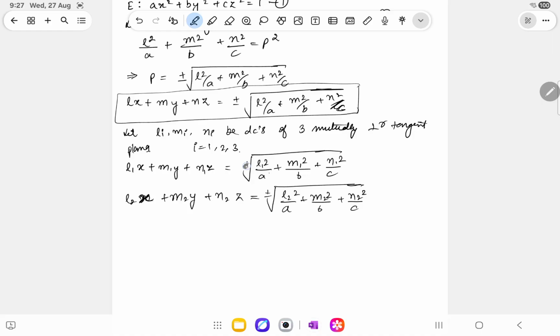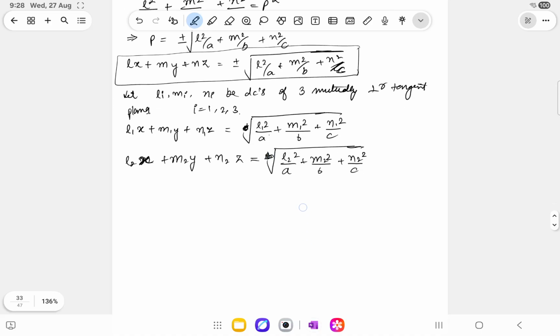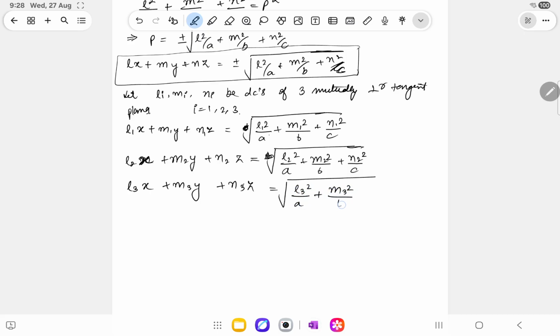We can eliminate negative because we are supposed to find only three tangent planes which are mutually perpendicular. If we take both positive and negative, we'll get 6 tangent planes. So the third plane will be l3x plus m3y plus n3z is equal to under root l3 square by a plus m3 square by b plus n3 square by c. So these are basically my 3 tangent planes.